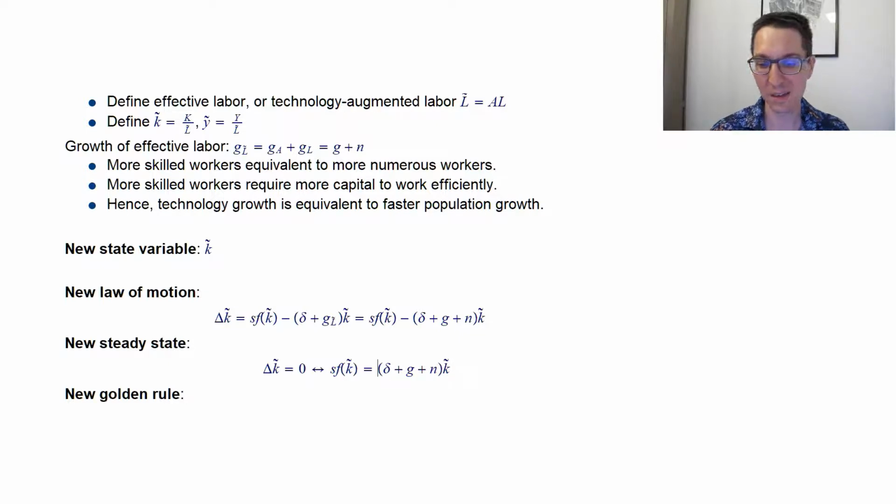So it's not necessarily a steady state for k tilde only, but it's going to be a balanced growth path for all the other variables that we care about.